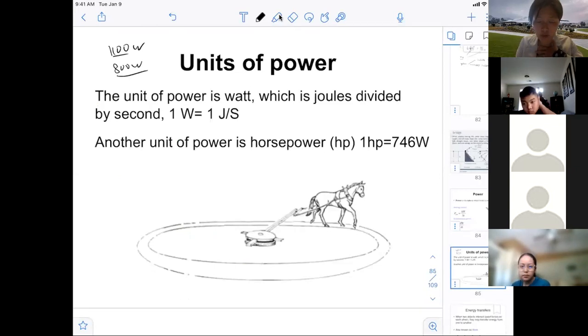Now, if you use the same microwave to heat up food, which one is going to take more time? The 1100 watts or the 800 watts? Which one will take more time to cook the same kind of food?